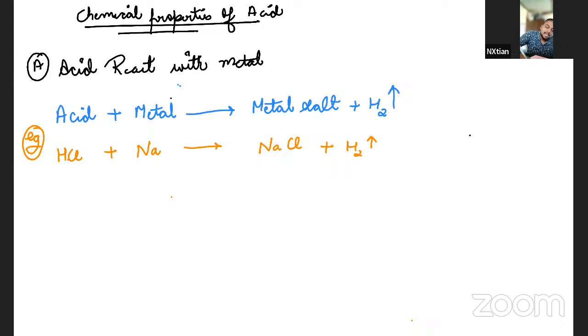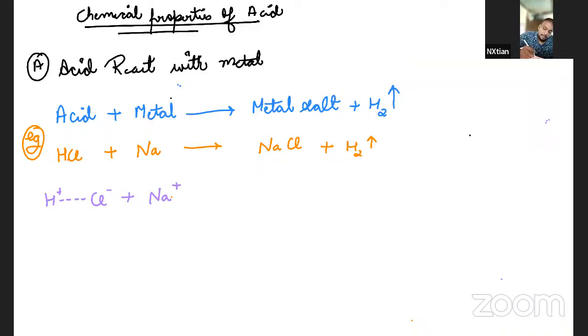Okay, so what is the mechanism behind it? Just understand the mechanism. See, when you react these two substances, the HCl bond will break. And I told you, Na will convert into Na plus so that it becomes more stable.